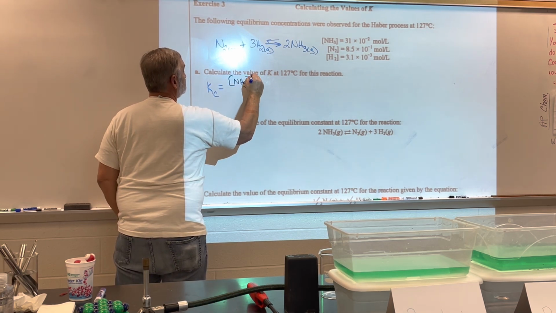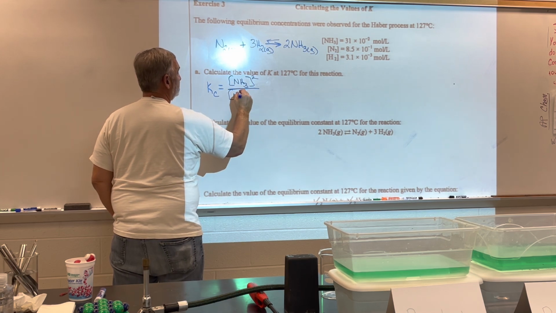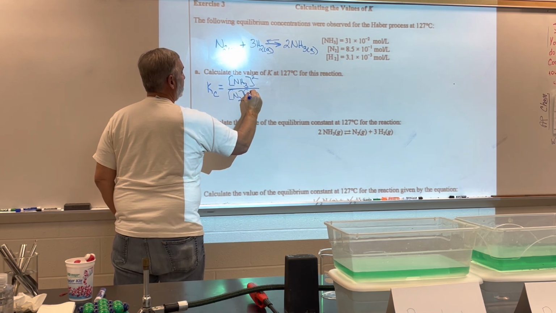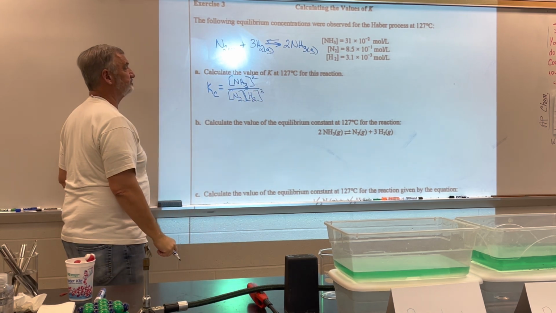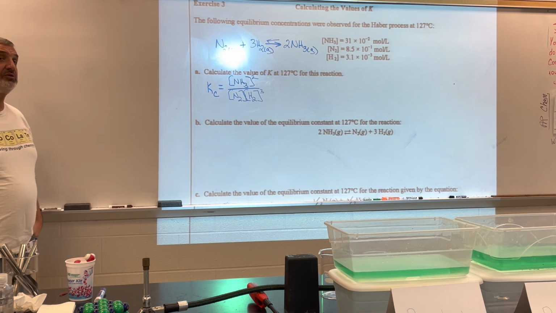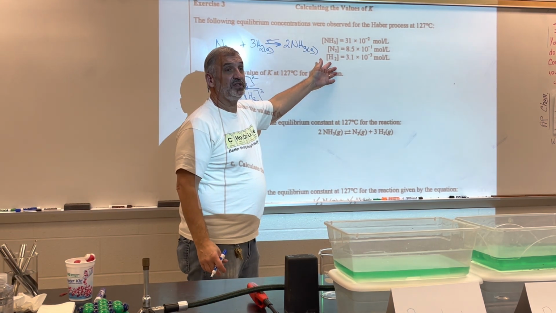NH3 squared over N2 times H2 to the third power. So that's my equilibrium expression, but now they give you all the equilibrium values.